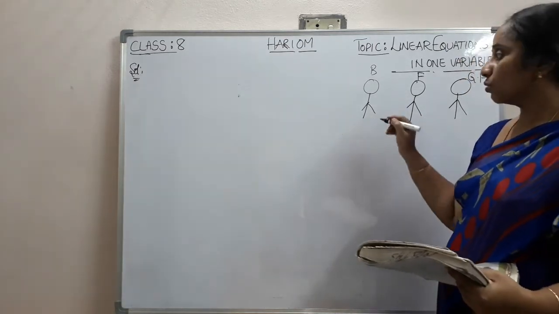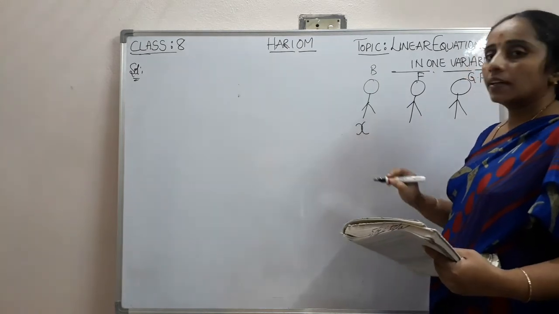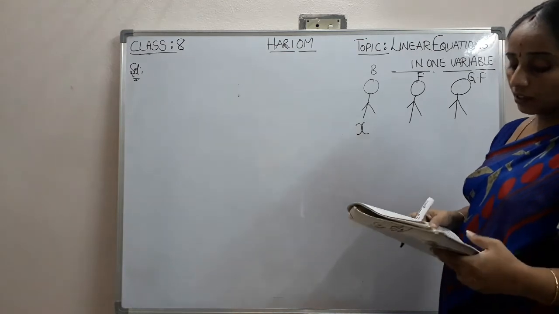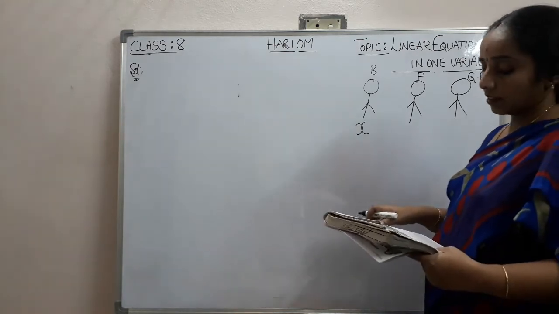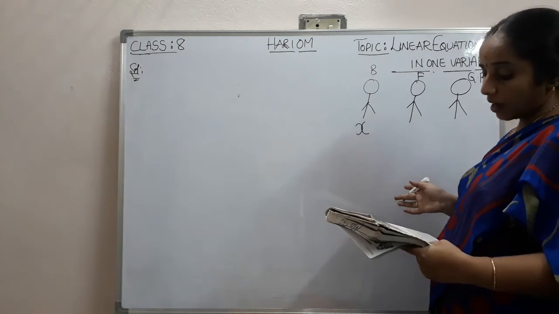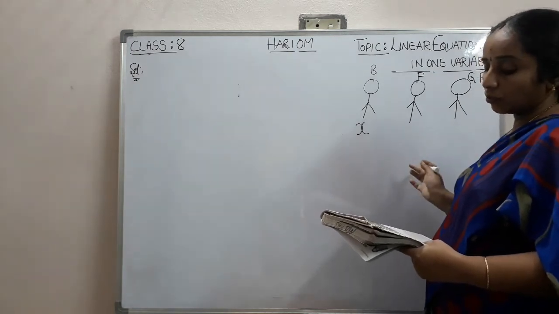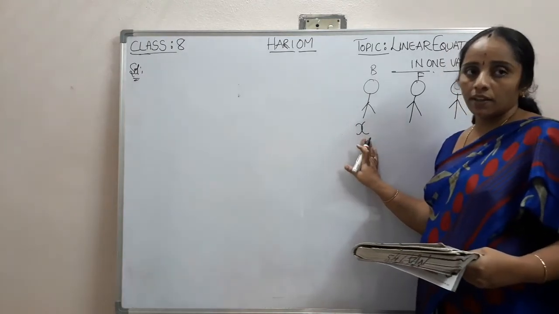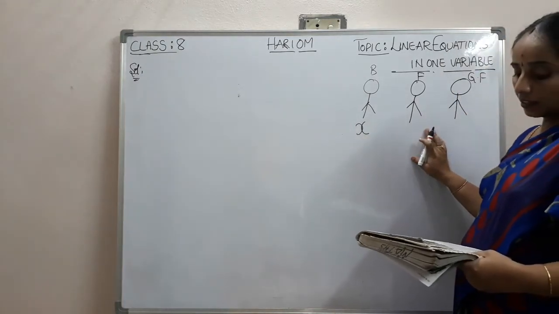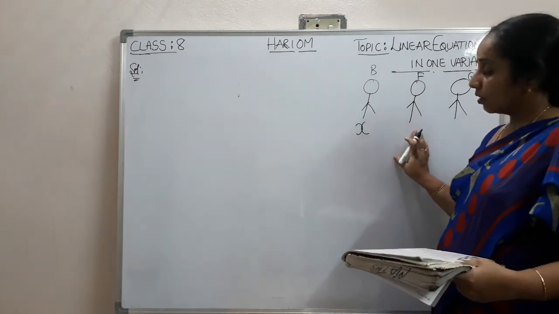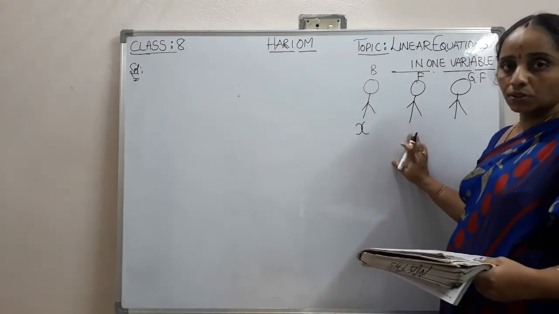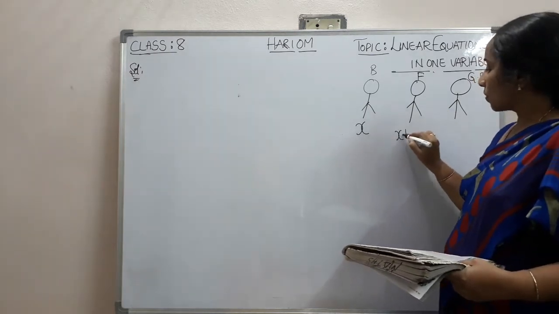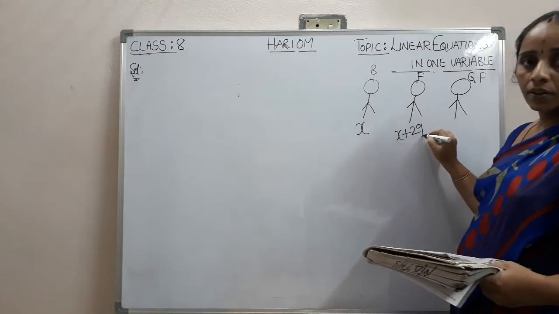So when we assume that the boy's age is x, then his father is 29 years older than this boy, and 26 years younger than the grandfather. So his father is x plus 29.